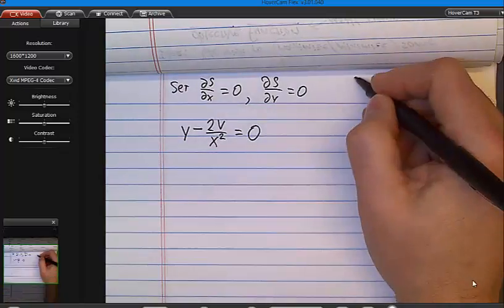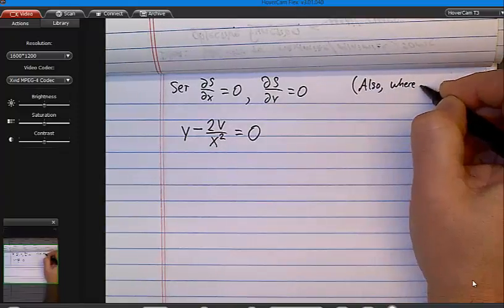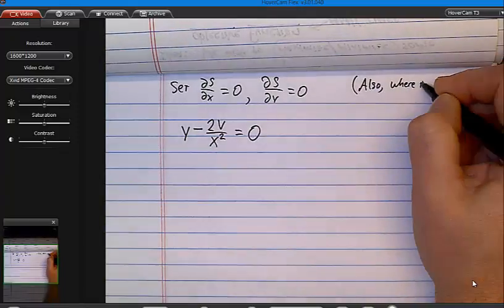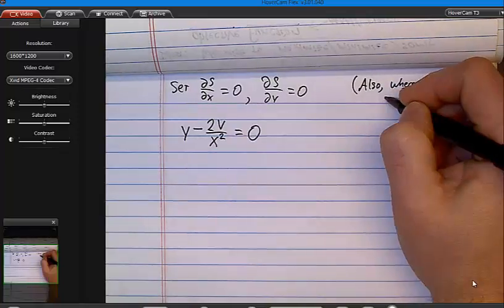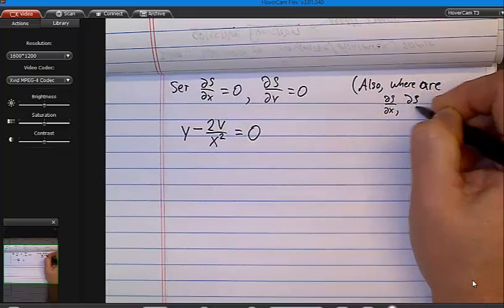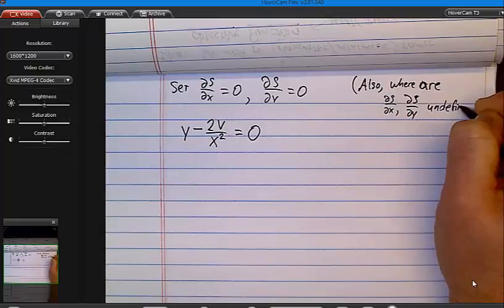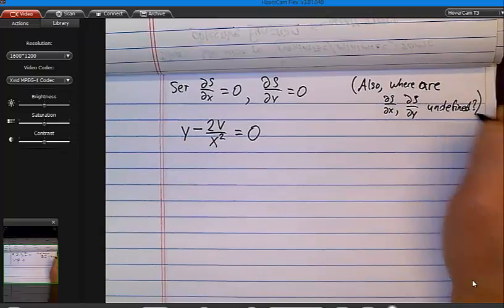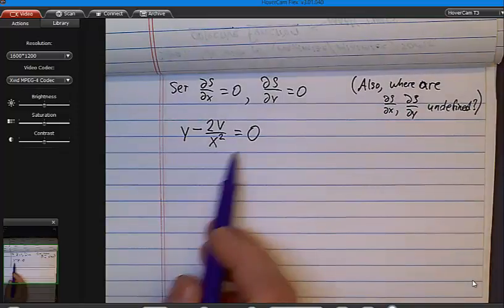And then I should point out also, where are these partials ds dx and ds dy undefined? That's the other thing I should think about. So these are all going to be called critical values, right? Where is this thing going to be undefined?